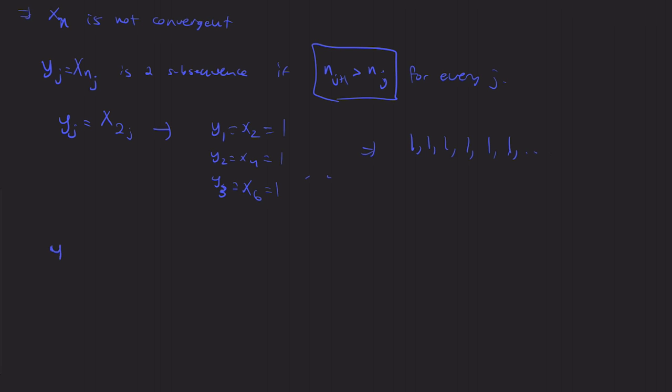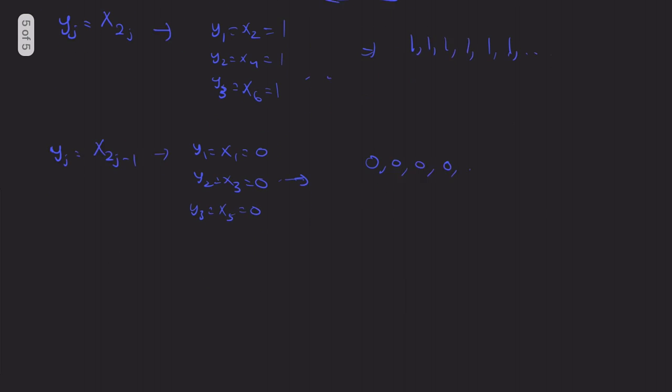Another natural one to choose is odd indices. So this is x_{2j-1}. So y1 is x1, which is 0. y2 is x3, which is 0, and so on. y3 is x5, which is 0. And so this actually is the constant sequence 0, 0, 0, 0.